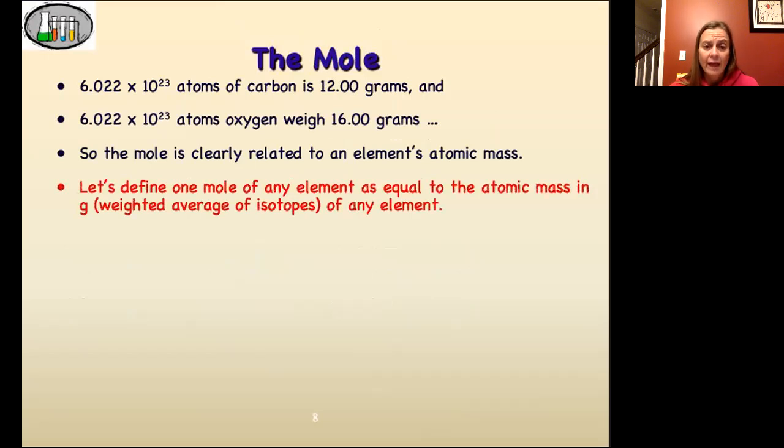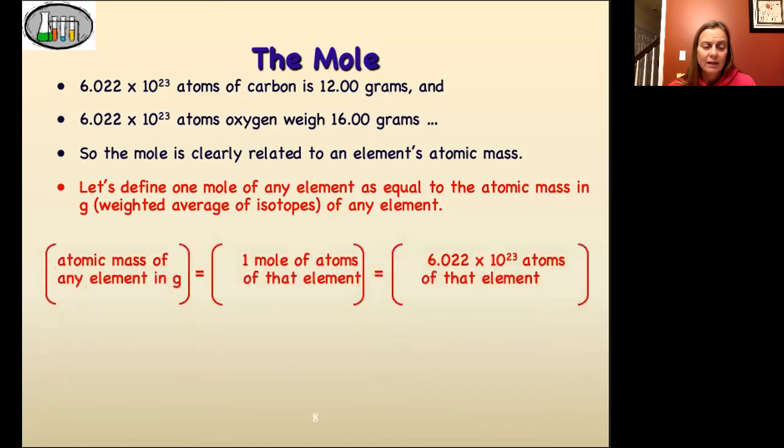So 1 mole of any element is equal to the atomic mass in grams, that weighted average of isotopes on the periodic table, of any element. So the atomic mass of any element in grams is equal to 1 mole of atoms of that element, which is also equal to 6.022 times 10 to the 23rd atoms of that element.